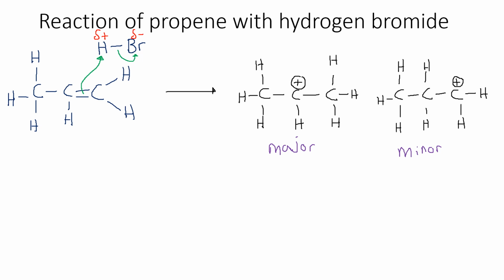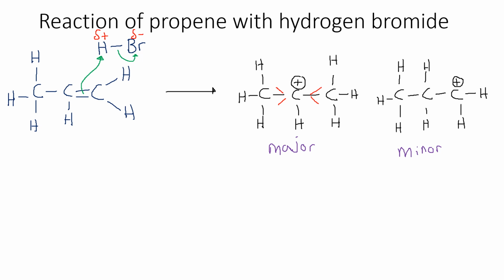Well, it has to be this one, where it's the one in the middle. And the reason is, this is what we call a secondary carbocation. These CH3 groups either side of it are pushing electrons towards this carbocation, which stabilizes it. So you've got the inductive effect happening like this in two different directions, where it's pushing electrons towards this carbocation.